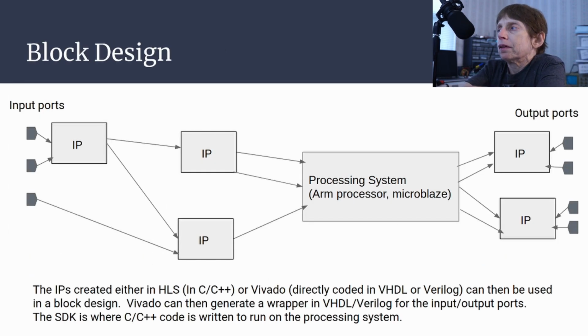So you've created these IPs, and we saw this last week with the pass-through. You have input ports. In that case, it was input from the camera. You have IPs that do various things. They may convert RGB, different types of signals to other types, etc. Then you have your processor, and that may send things out to other IPs.